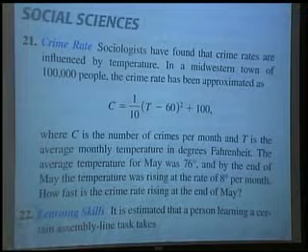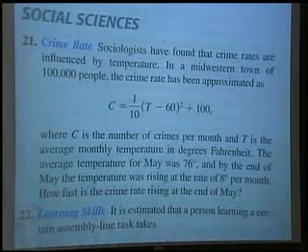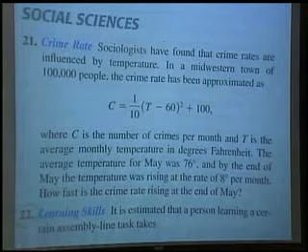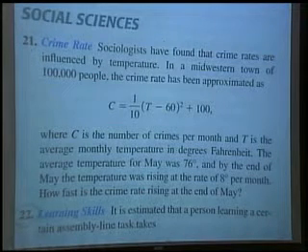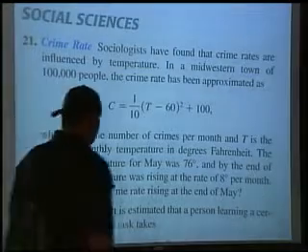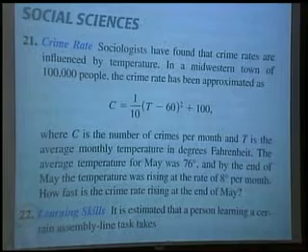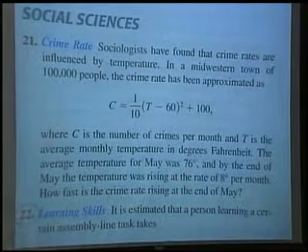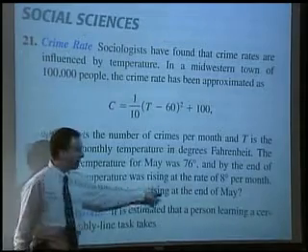Now, when we talk about a crime rate changing, what would be the independent variable? Wouldn't the independent variable be the amount of days or the amount of months or whatever? It's going to be some time component. It doesn't say how fast is the crime rate changing with respect to temperature.